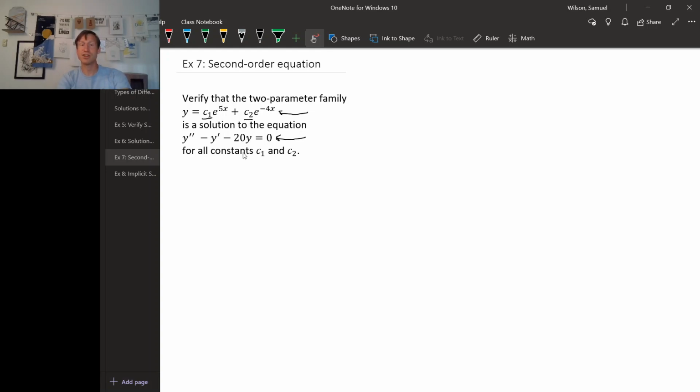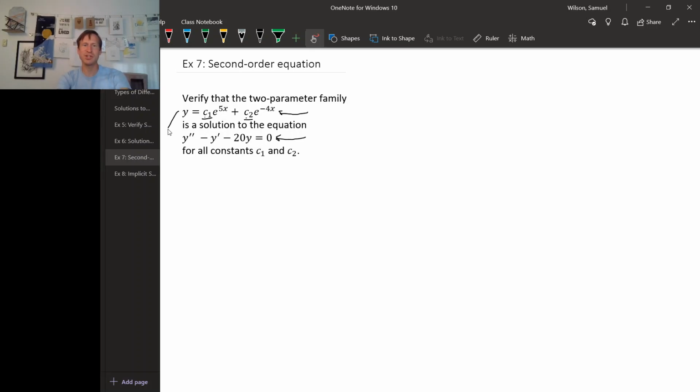Those are constants that could be anything. When I say that this two-parameter family is a solution to this differential equation, what I mean is, if you pick any number for c1 and any number for c2, that function of x is a solution. So let's see if it's true.